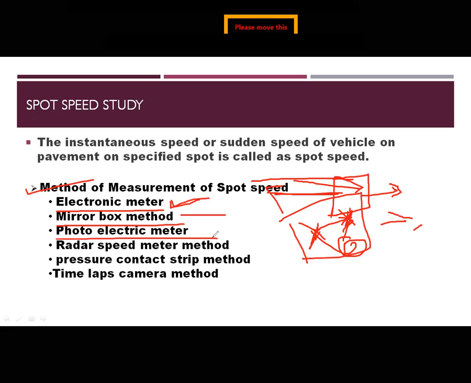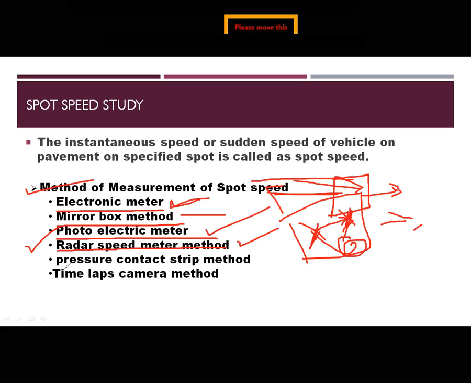Next, the photoelectric meter, which is also an advanced instrument from which the speed of a vehicle is counted. Then the radar speed meter, which is the most advanced: by the radar system we locate the vehicle and find out its exact speed.